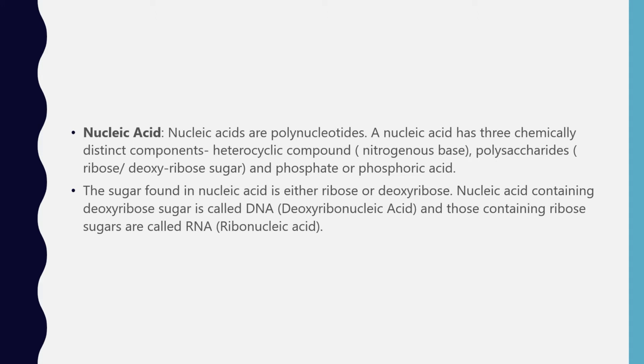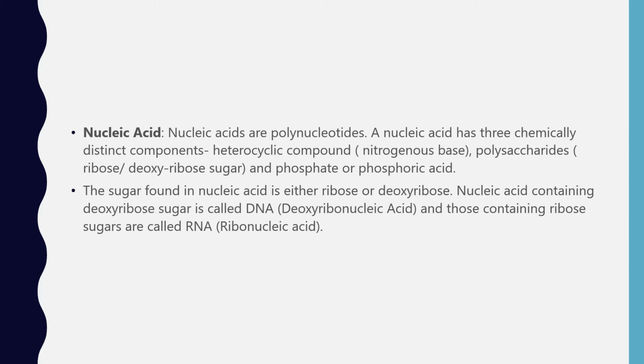So nucleic acid has three chemically distinct components. The components are nitrogenous base, ribose sugar, and the phosphate group or phosphoric acid. These are the three components of nucleic acid.